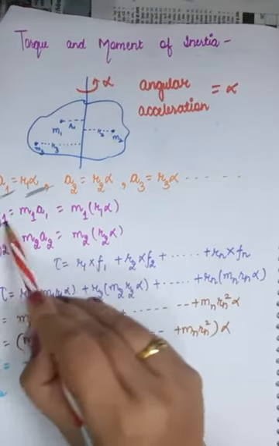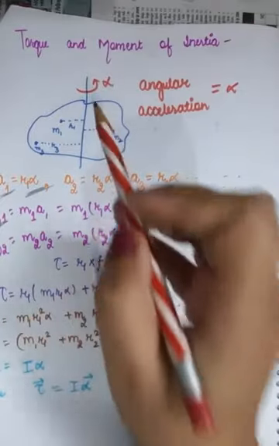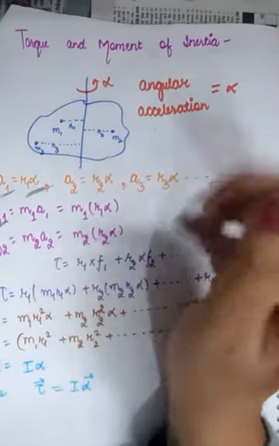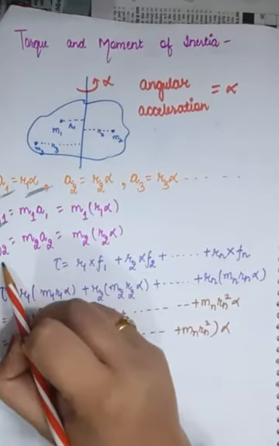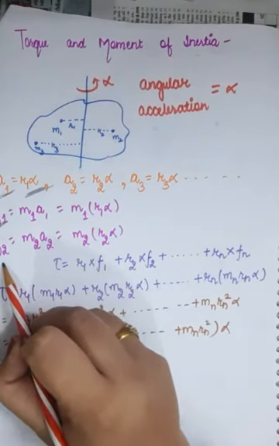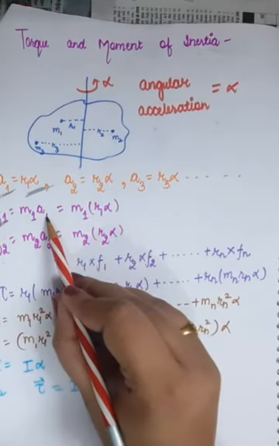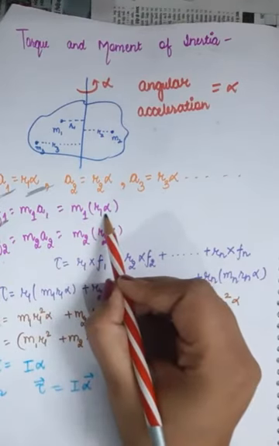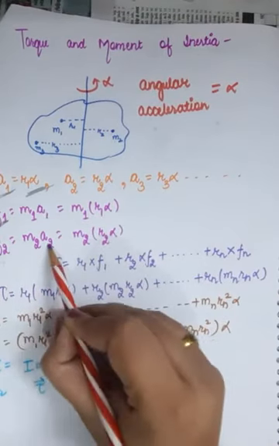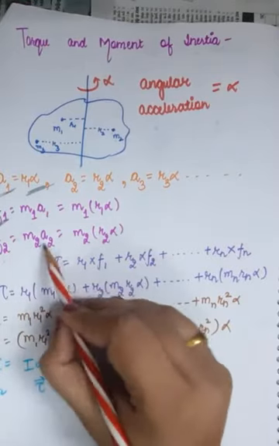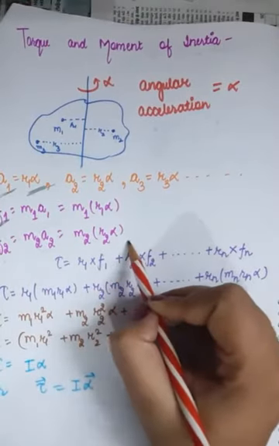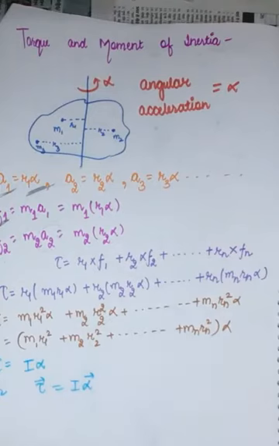Now, if you talk about the force acting on all these particles, you will have F1, F2, F3, and so on up to Fn. So F1 will be m1 a1, and in place of a1 you have r1 alpha. F2 is m2 a2, and in place of a2 you can put r2 alpha. So all these are the forces acting on individual particles, right?